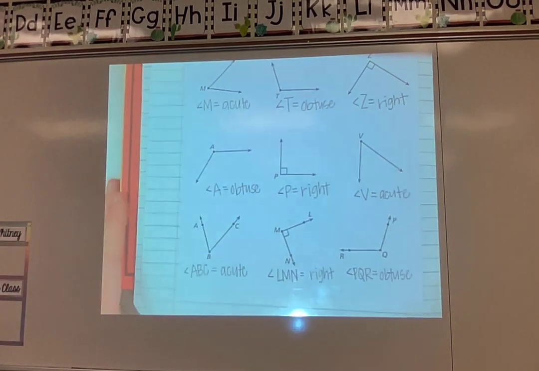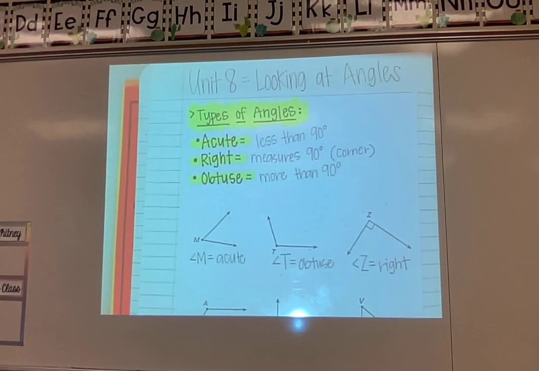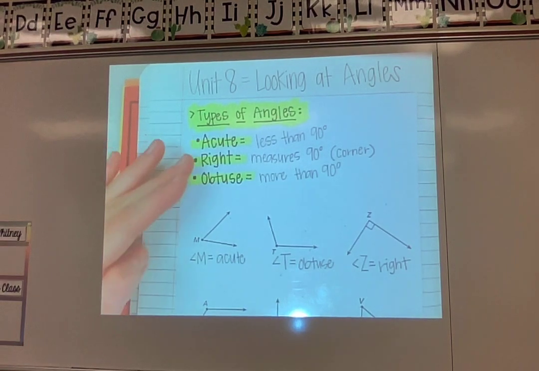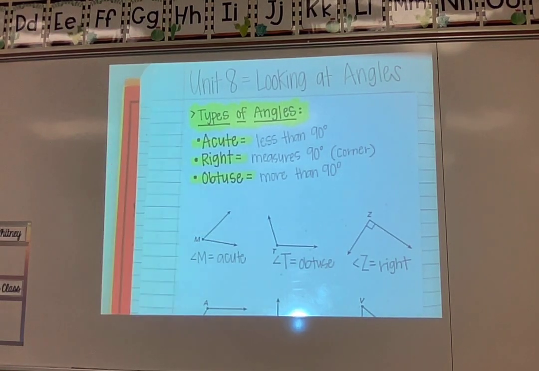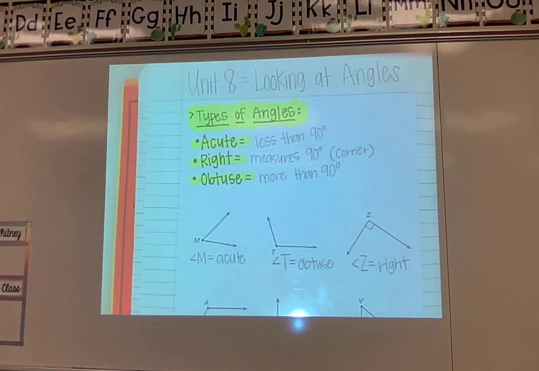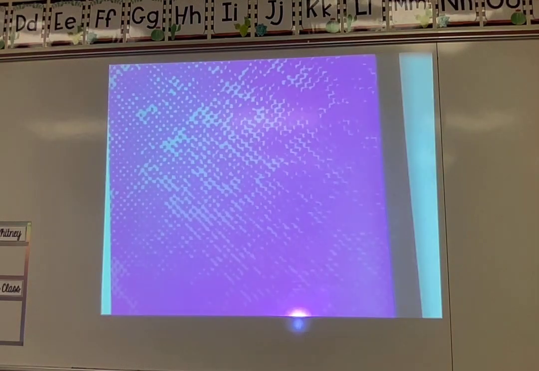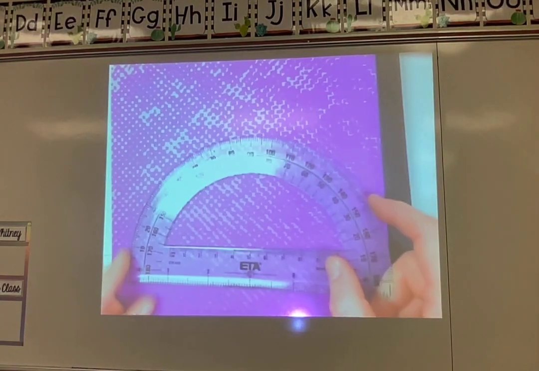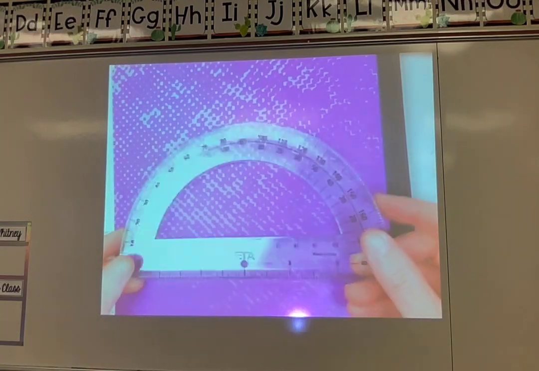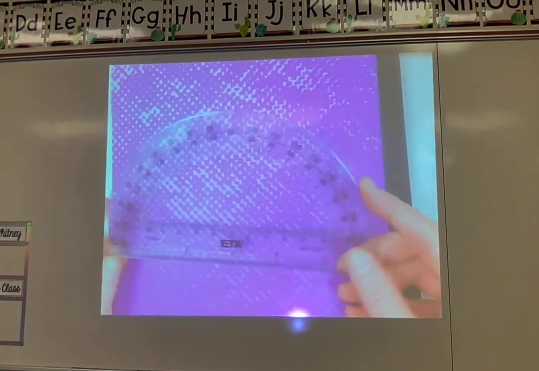We have to be able to classify those angles by their different types, whether they are acute, right, or obtuse. Now, along with being able to classify the angles by their types, we can also measure the angles to see how big they actually are. And in order to do that, we use this tool right here. It's clear so you can see through it on my notebook.